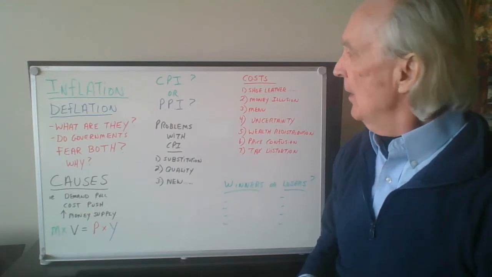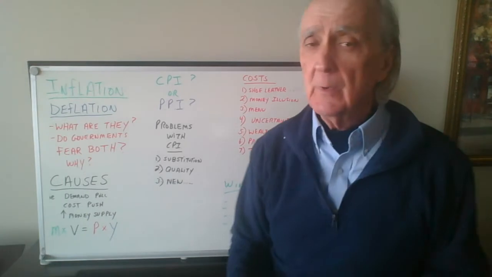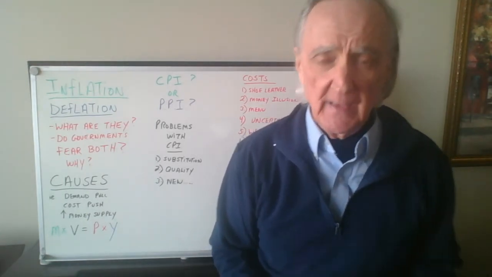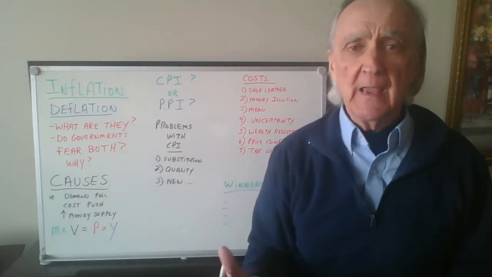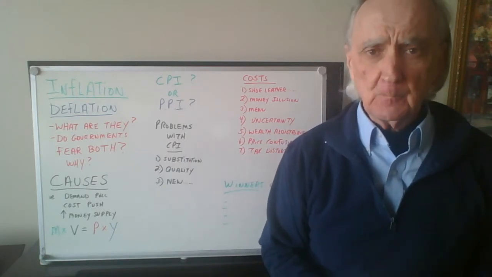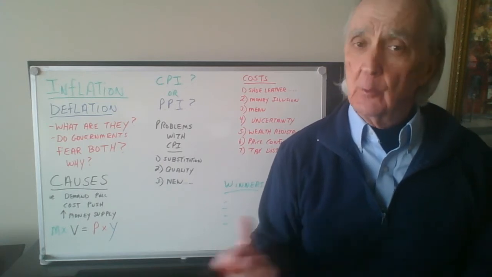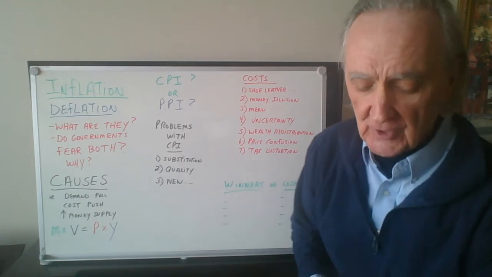Okay? All right. So the causes. Well, they talk about demand pull, and that has to do with an increase in overall demand, pulling up the prices, pulling up the inflation, causing inflation to take off. Great example of that would be what's happened in China.